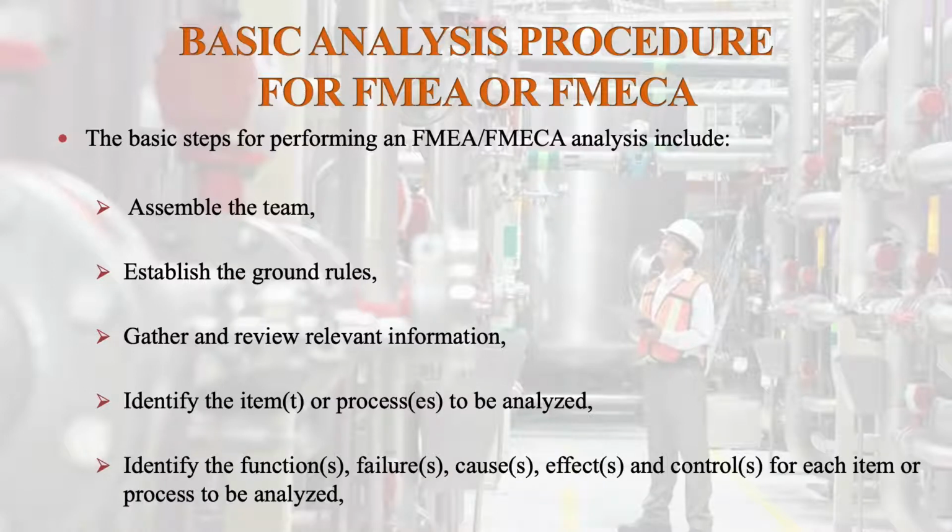Identify the functions, failures, causes, effects and controls for each item or process to be analyzed. So these are the various steps. What are those steps? One is assemble the team. The team must be involved in solving any problem or identifying the problems through this FMEA methodology.